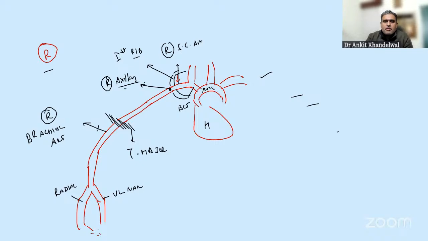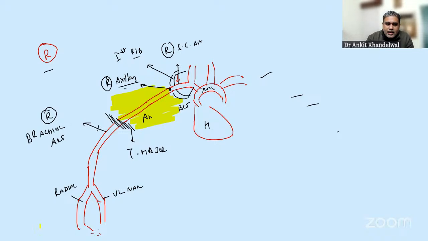Now, this is the region of the axilla. Let me highlight the axilla here. Imagine this whole area is the region of the axilla. The axilla has a lot of lymph nodes, the axillary group of lymph nodes, axillary vein, and axillary lymphatics. So here, any structure can come and compress the vessels.